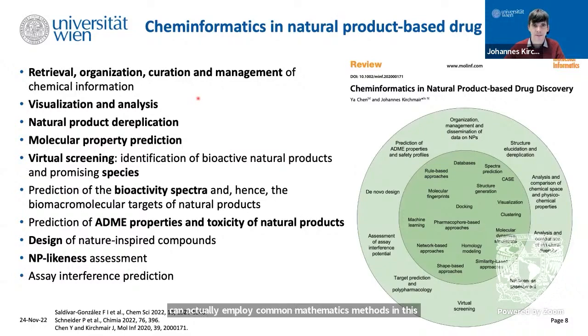Cheminformatics methods are today broadly applied in natural products-based drug discovery for one important reason: we have these precious materials, and we need to make really sure that we select these materials most carefully and focus our limited resources on the most promising natural products.